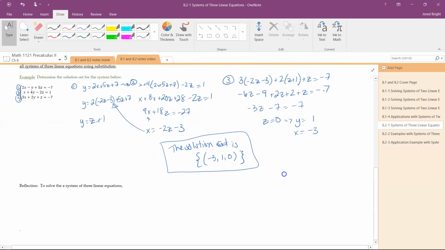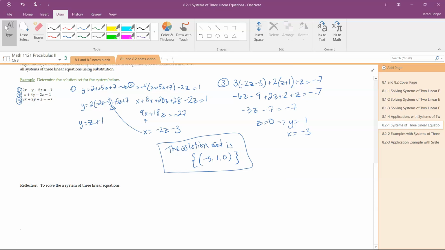Right? But I want you to go through this and say, what was the process that we used? Effectively, it was repeated substitution, where we cannot reuse any equation, but see if you can represent this in maybe 6 steps.